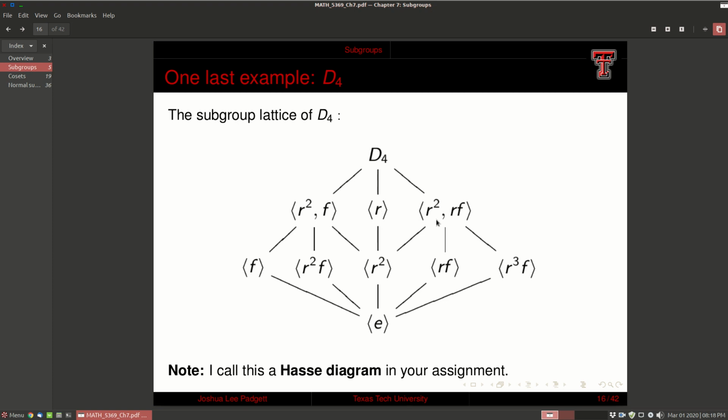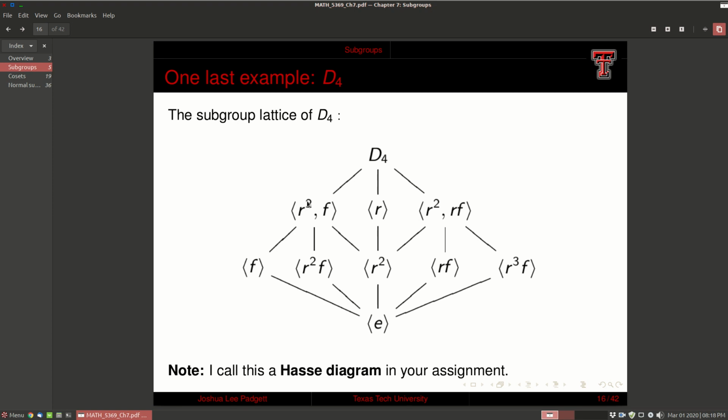But also, it's a subgroup of R squared comma RF and R squared comma F. Why? Well, R squared is one of the generators. And if R squared generates this subgroup, then having it as a generator means that this entire subgroup has to live in this guy, because one of the possibilities for these generators is to perform just R squared over and over and over again. So I'm hoping this makes sense.